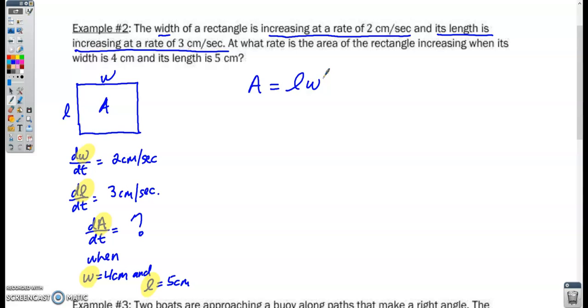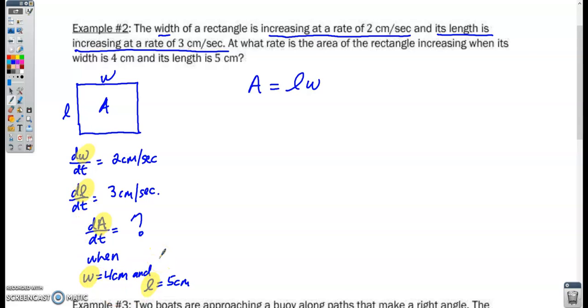Now again, make sure you follow the bold urging in step 4. Do not substitute non-constant numerical values before differentiating. All these lengths are non-constant. They are changing. The width is changing. The length is changing.